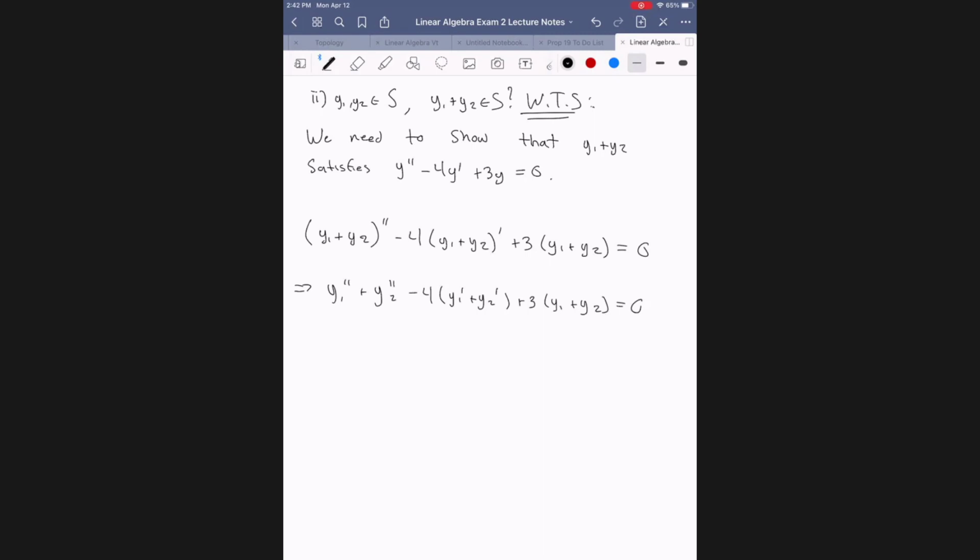Now I'm going to rearrange things like this: y1 double prime minus 4 y1 prime plus 3 y1, plus y2 double prime minus 4 y2 prime plus 3 y2 is equal to 0. Now, what do I know about those terms? They equal 0. Why do they?